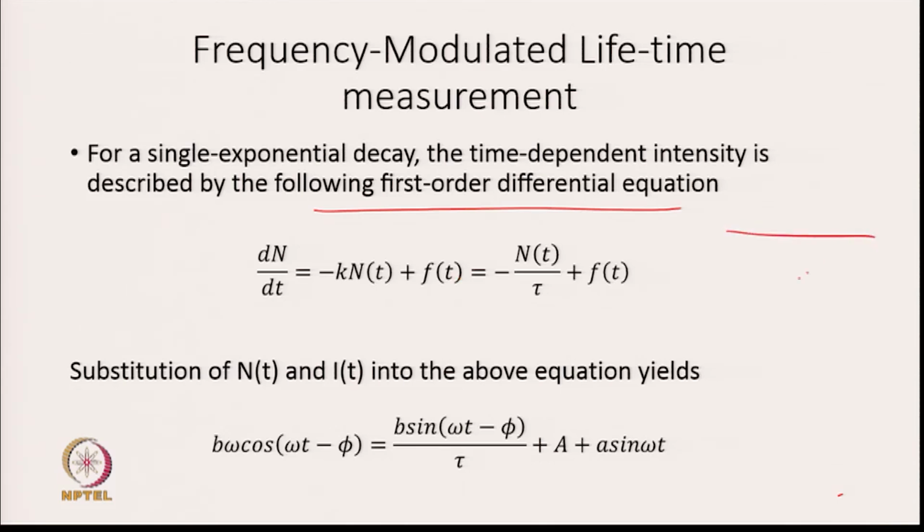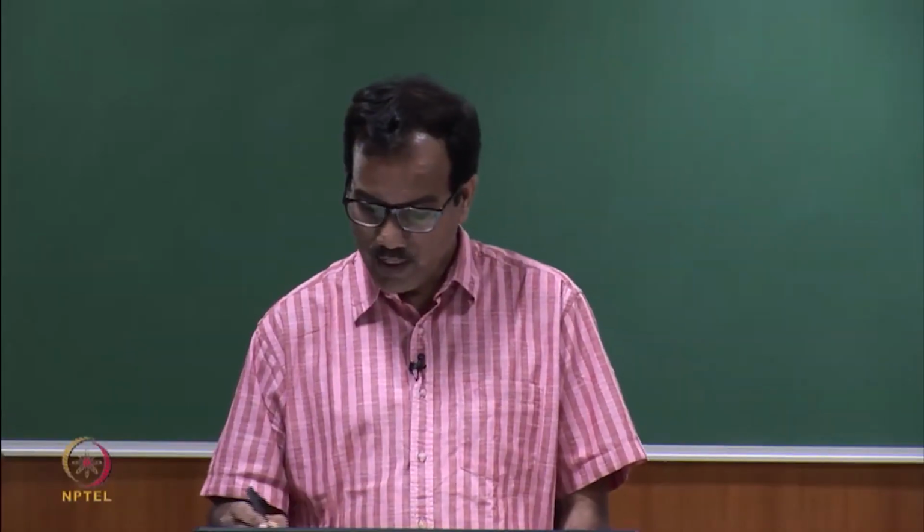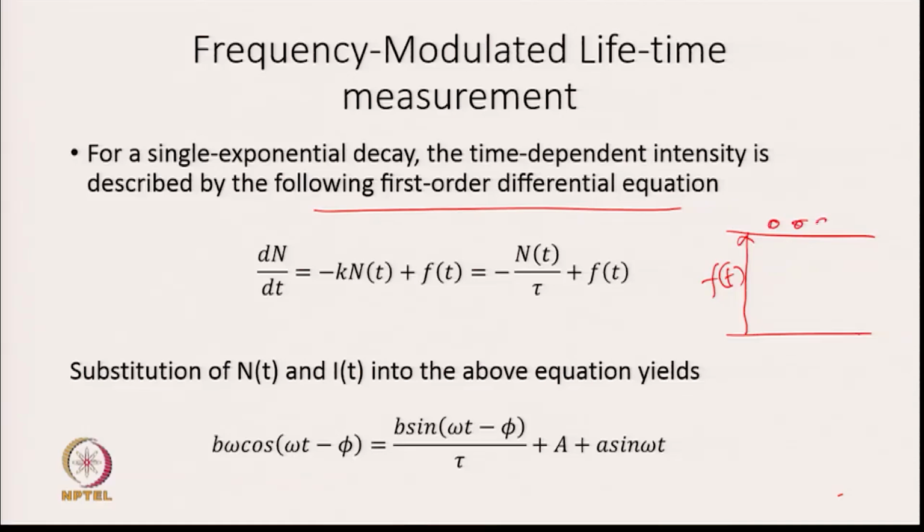And if you remember what we are talking about, this is your F(t), which basically increases the number of fluorophore in the excited state, and this is N(t), which is the number of fluorophore in the excited state.